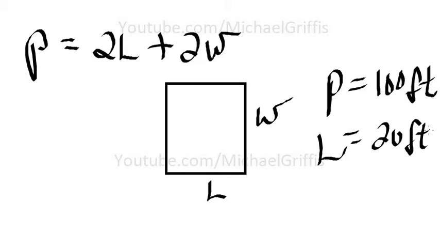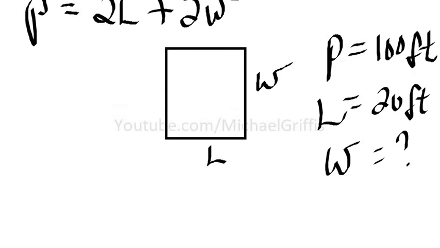What is W? That's the question. Alright. So we have an equation here, and it's using the letters to represent constants. So what we're going to do is just plug it in.